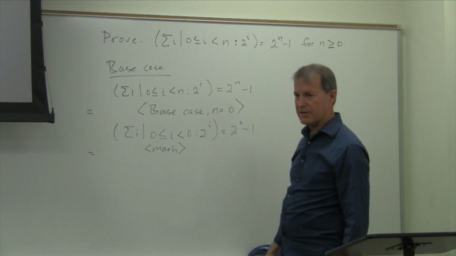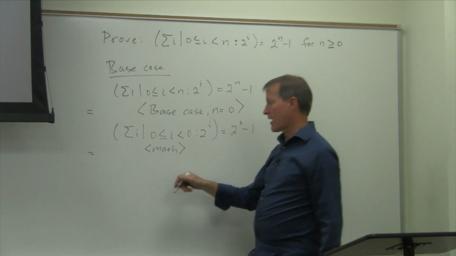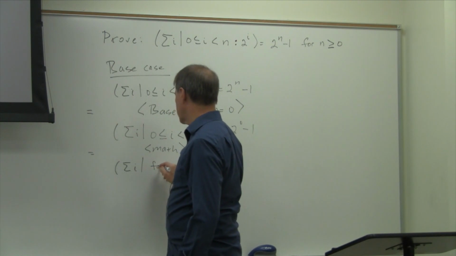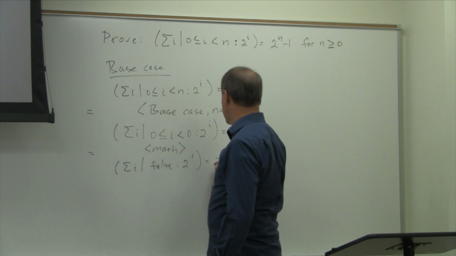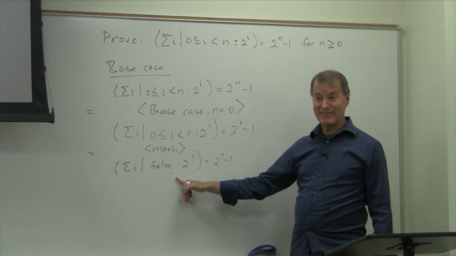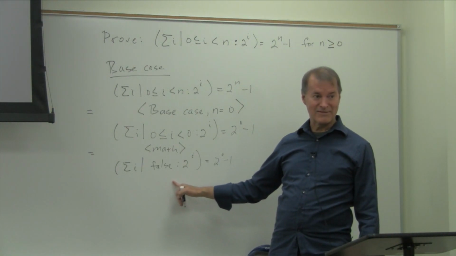Regardless, this is false. So by math, this is the sum on I of false, an empty range, of 2 to the I equals 2 to the 0 minus 1. Did everybody hear that? What do we know about false?